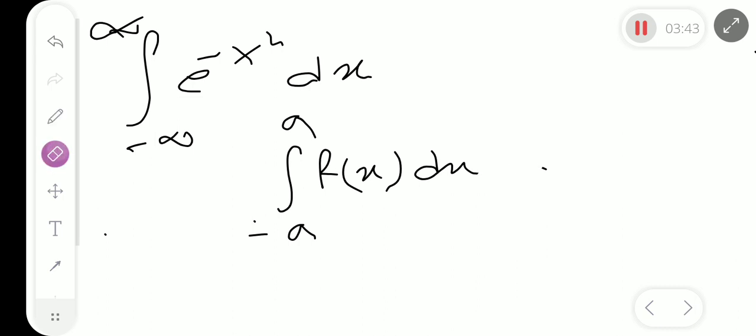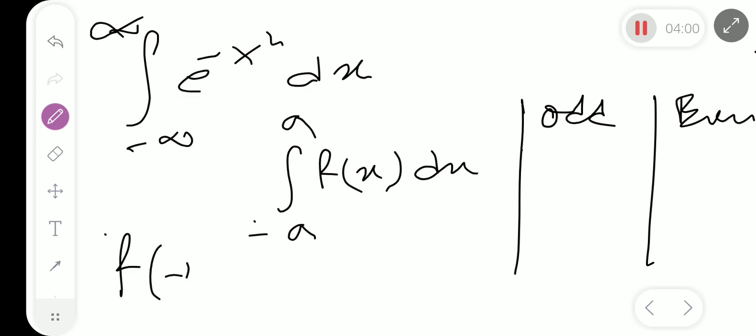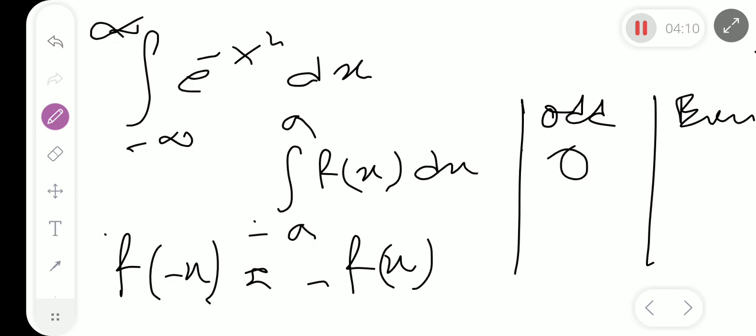If the function is odd, that is, f of minus x equals minus f of x, then it is an odd function, and the integration of this odd function will become 0.